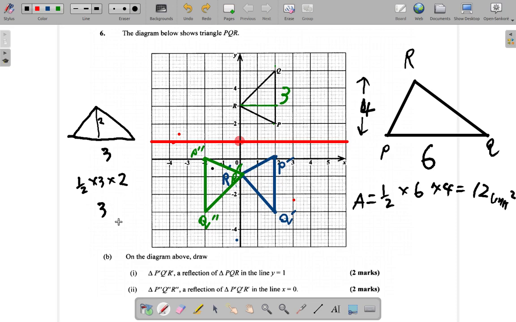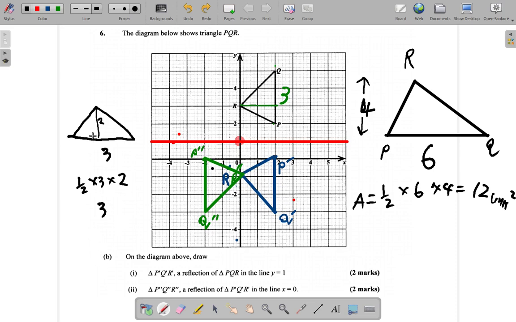So the length of the doubled sides to the original would be 2 times, but the new area to the old area would be 2 squared, which is 4 times.